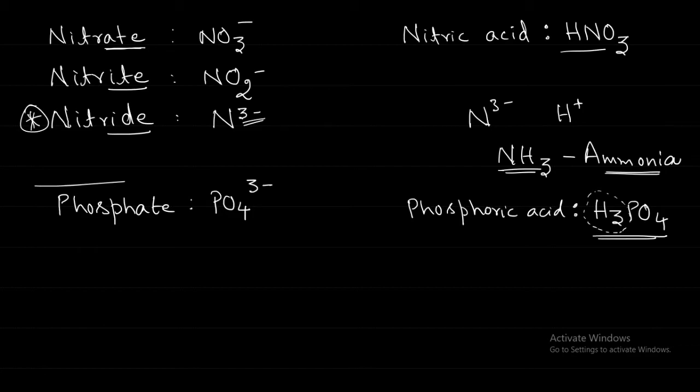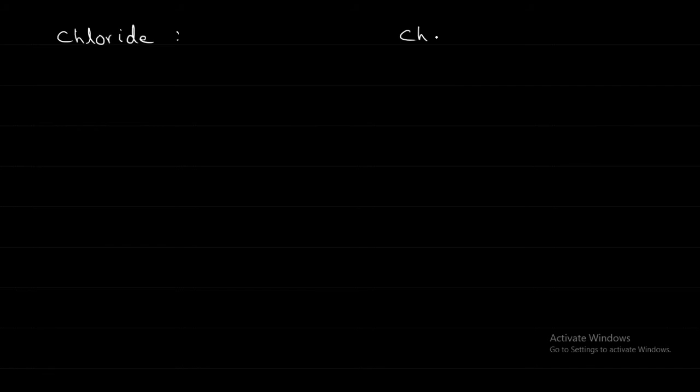The formula of chlorine is Cl2. Chloride is Cl, here it is in ion form. Wherever we say ide, ate, all these, that means it is in ion form, so a negative charge is there: Cl minus.